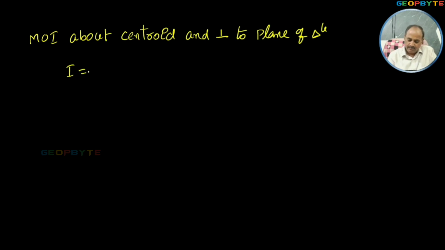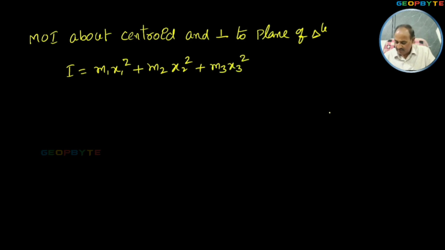I equals m1 x1 square plus m2 x2 square plus m3 x3 square. Dear friends, remember here x1 equals x2 equals x3, that is equal to x, which we got as 1 by root 3.